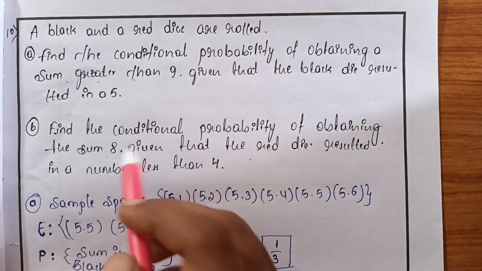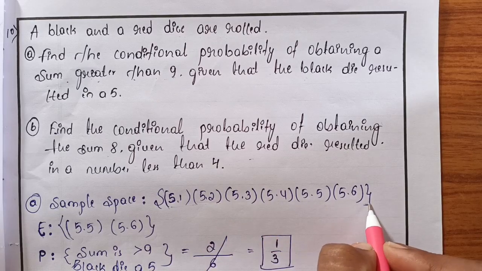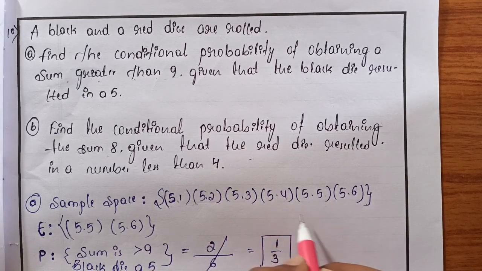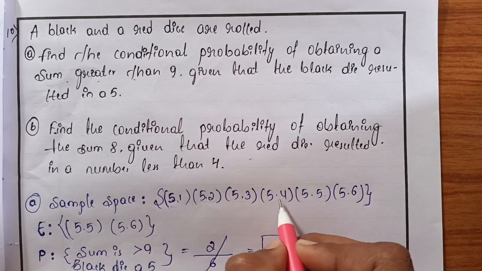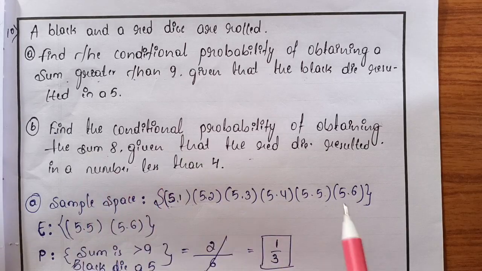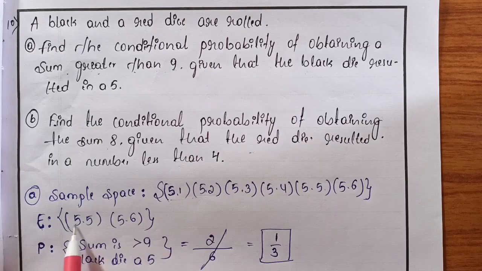And E be the event that the sum is greater than 9. In this sample space, which becomes greater than 9? 5, 4: 5 plus 4 is 9, but we want greater than 9. So 5 plus 5 and 5, 6. So E is the event 5, 5 and 5, 6. The total number of favorable outcomes is 2.